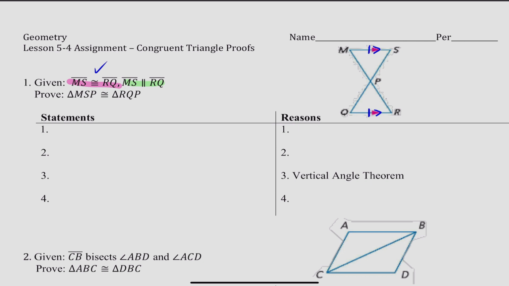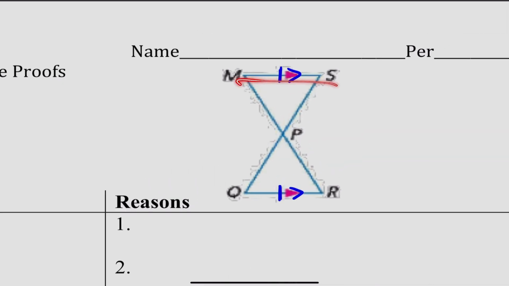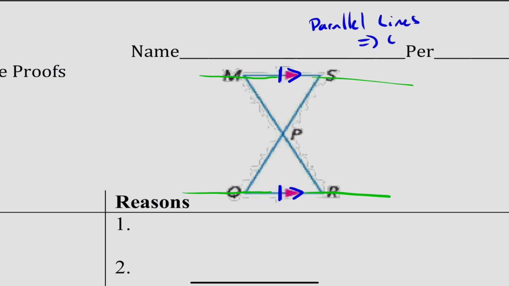So since I know that these two things are congruent and they are parallel to each other, because we have these arrows to indicate they're parallel, what I'm going to go ahead and do is extend the lines, because when I have parallel lines, of course, they're going to be cut by a transversal, okay?